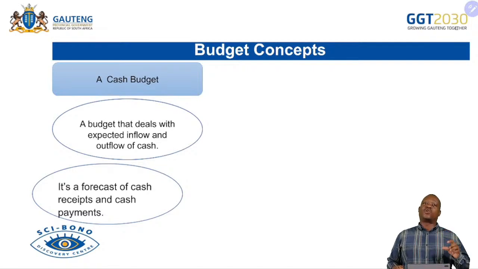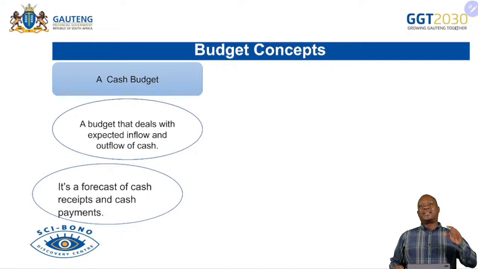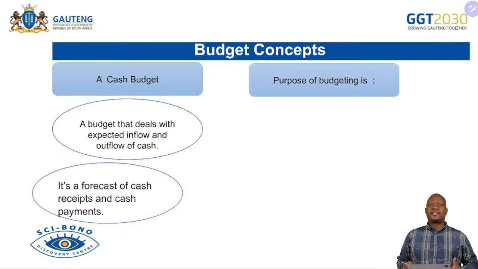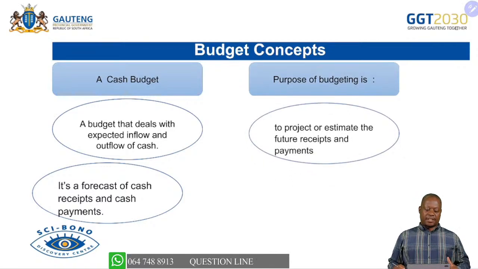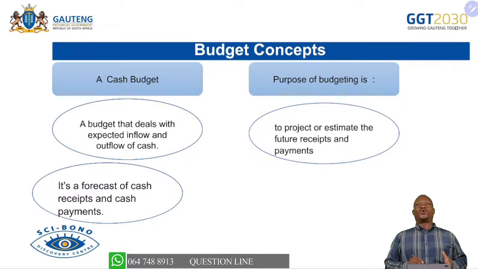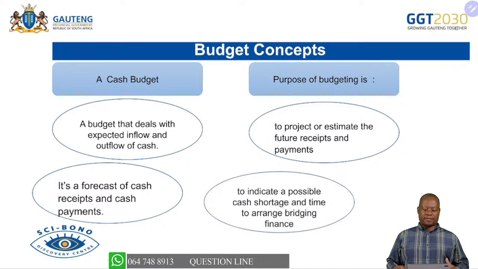And please take note and underline here, we are dealing with cash. And then, what is the purpose of this cash budget? It is to project or to estimate the future receipts and payments. That is for planning purposes. What are our expected receipts and what are we expecting to make as payments?